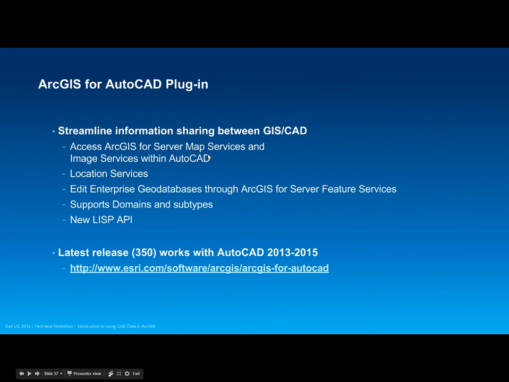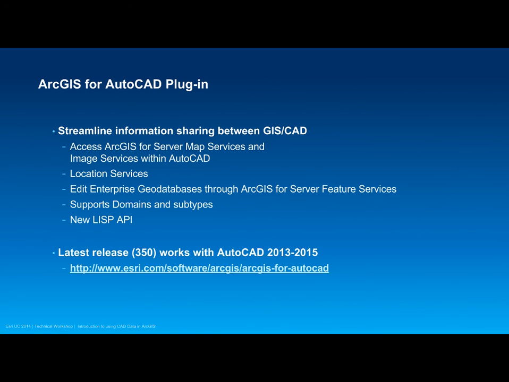There is an ArcGIS for AutoCAD plugin, so if you work in AutoCAD and you want a plugin that streamlines information sharing between GIS and CAD, you can use the AutoCAD plugin. It provides access to ArcGIS for Server map services, as well as image services within AutoCAD, so you can load ArcGIS map services in AutoCAD.